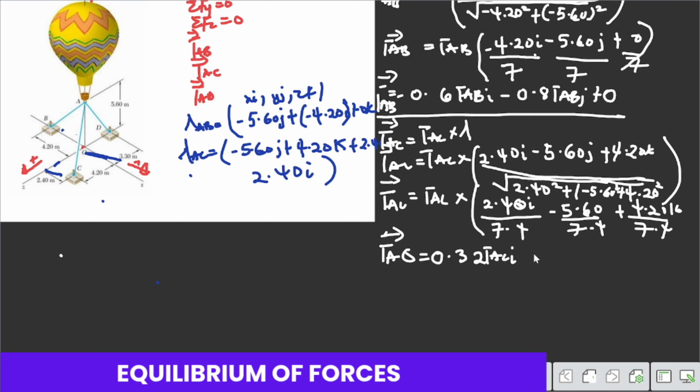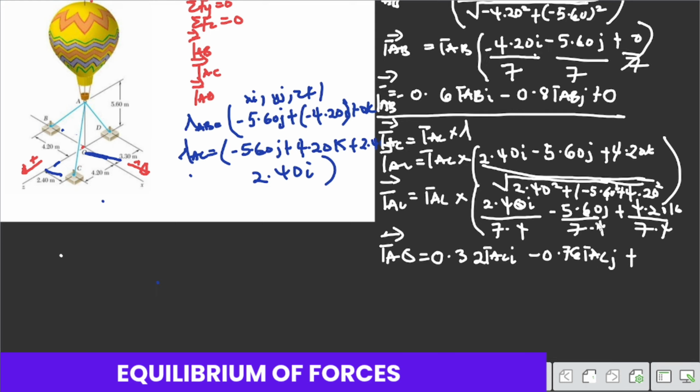TACI. Then the next one, I'm going to multiply TAC by the negative 5.60 over 7.4, which you're going to get negative 0.756. So you can make it two decimal places, so it's going to be 0.76 TACJ.